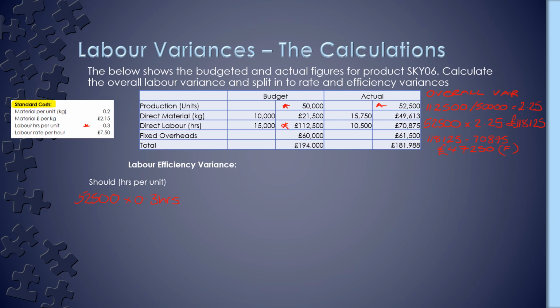So we'll multiply that out and we get 15,750 hours. So for the actual production of 52,500 units, we would have expected to have spent 15,750 hours.